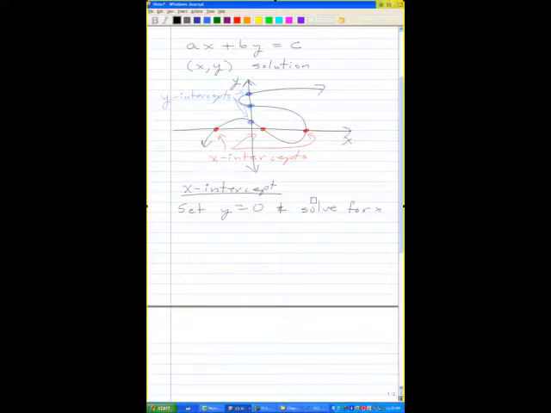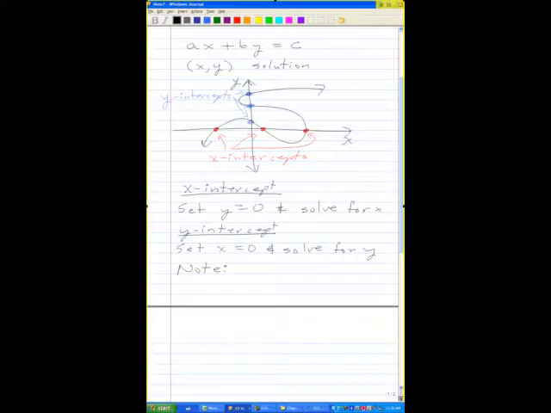To find a y-intercept, you set x equal to 0 and you solve for y.